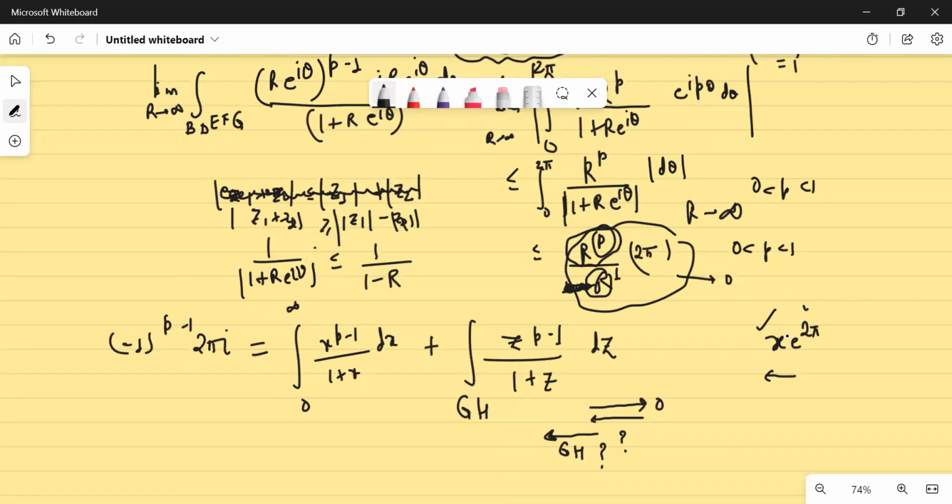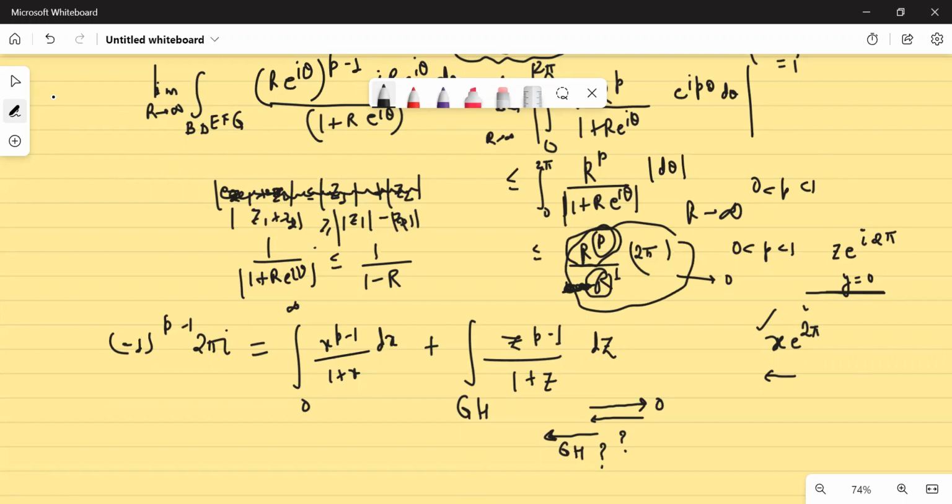Why only x? I should have written z or something of that sort. But I'm parallel to the x-axis, so here the y coordinate is 0. So you can write z times e raised to power i 2 pi, but instead of that, I have written x times e to the power i 2 pi. Why am I writing that?